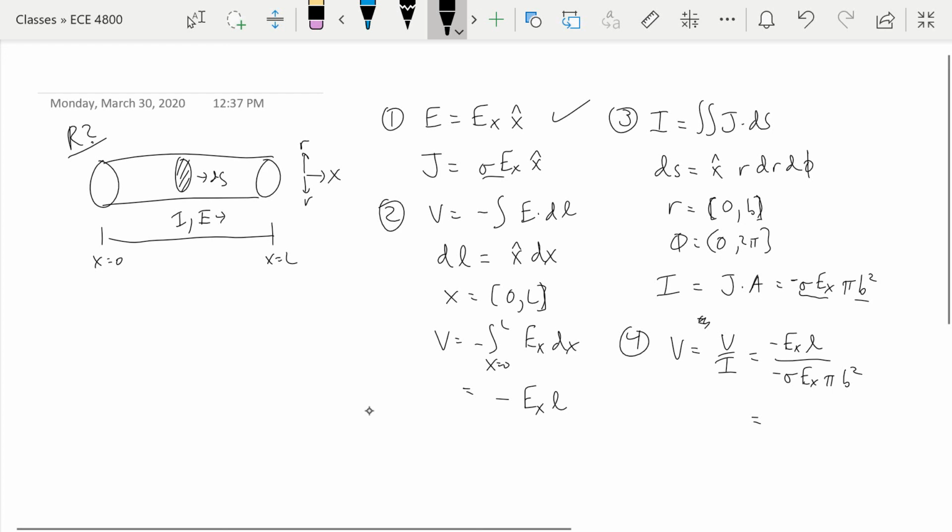The E sub x's cancel, and you're left with L divided by sigma pi b squared. And this here is the cross-sectional area, A. So this is where the resistance equation comes from. I'm sorry about that. Resistance is equal to V over I, so the resistance is equal to L divided by sigma times A. That's where we came up with that.